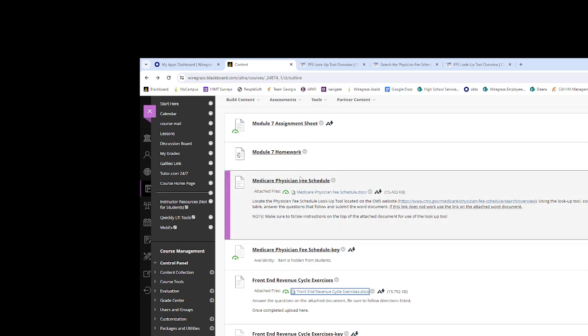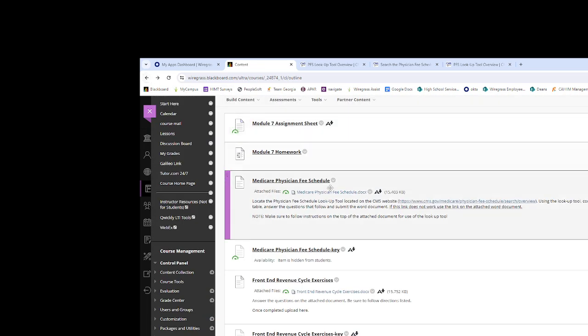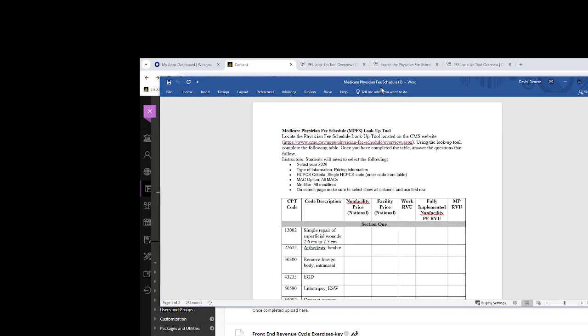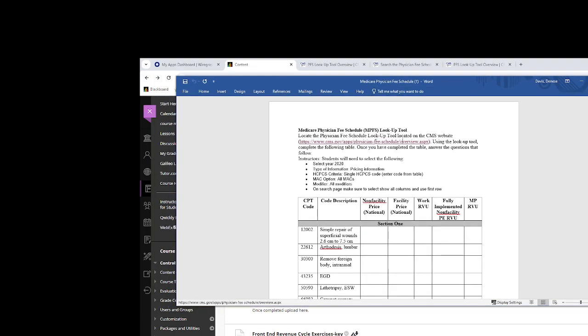Now, on this one, if this site doesn't work, because when I click this, it does that, don't stress. Because if you open this up, it comes and it opens from here.